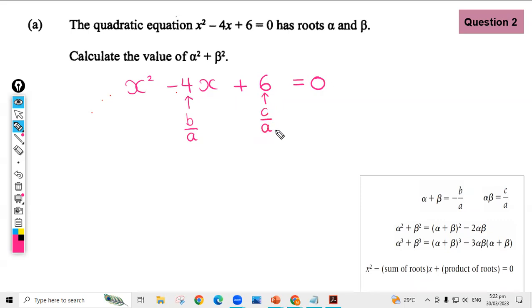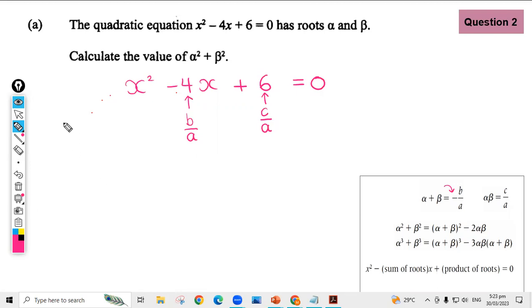Now you have to be careful. Look at the formula. Alpha plus beta always gives you negative b on a, and that tricks a lot of students. In other words, whenever you see a negative sign in front of an expression, that means you will get the opposite of it.